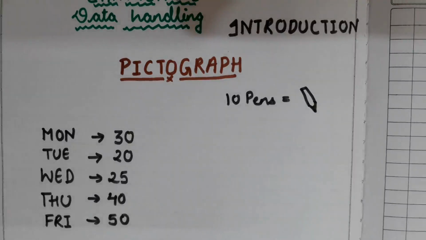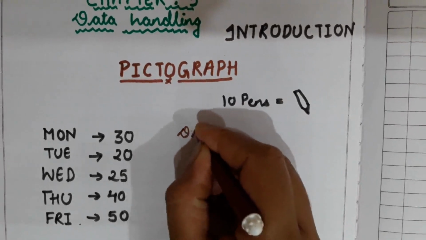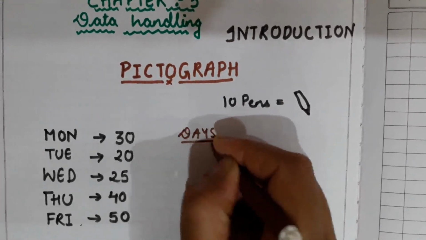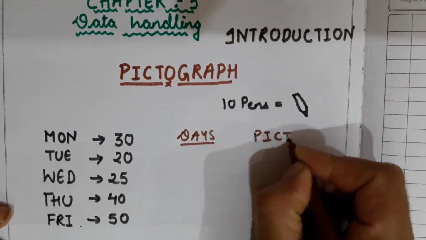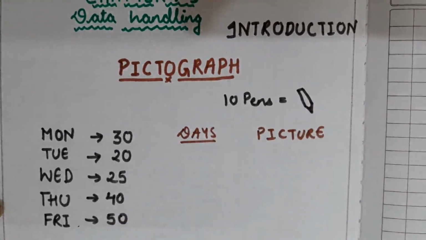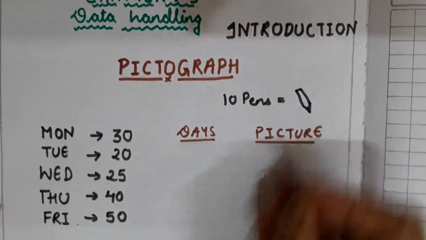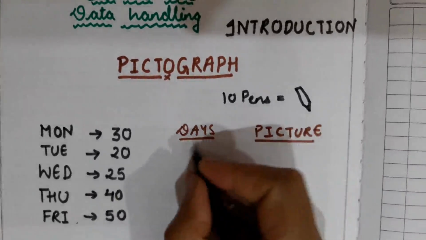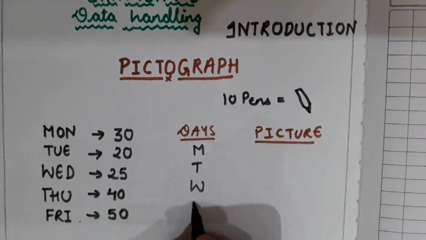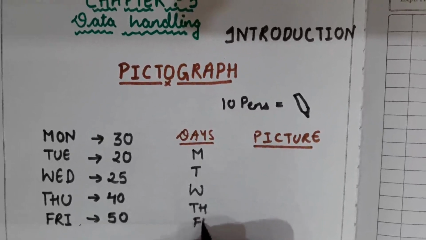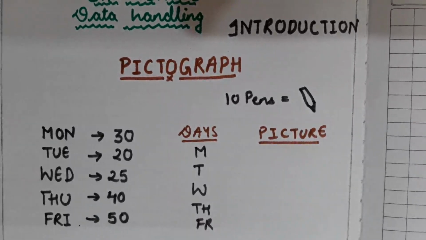So how can you make a pictograph here? Let's see. You can write days here in the first column. The second column will represent the picture. Getting my point? So days are Monday, Tuesday, Wednesday, Thursday, and Friday.